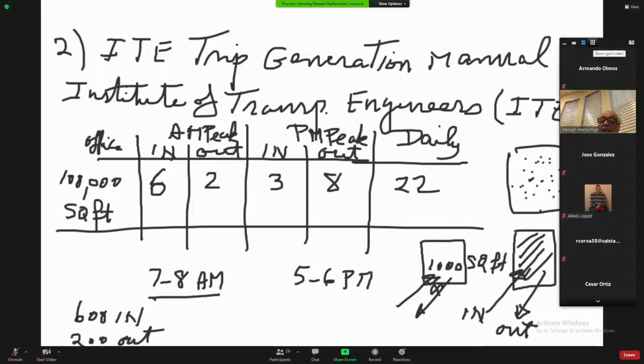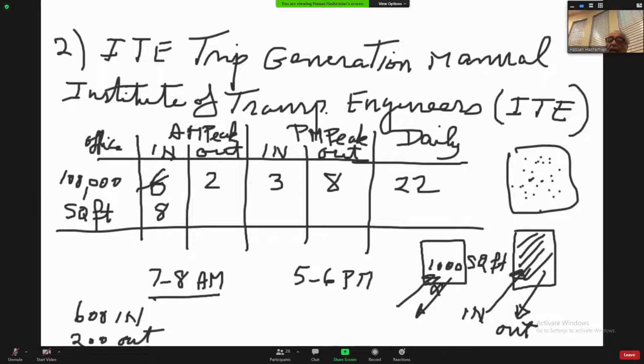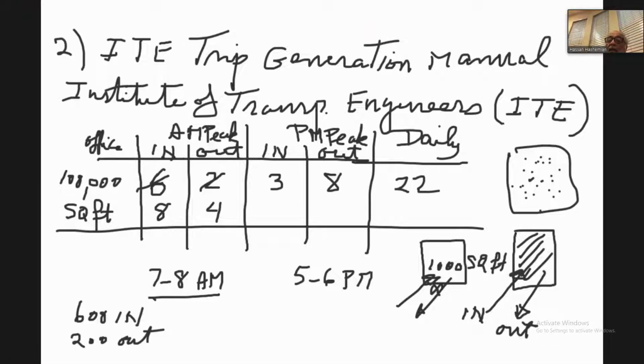So for instance, they might have, instead of 6, they might have 8, then they might have 4 here and so on, because they think that there are more people going in and out, and therefore they have their own numbers that you have to use. I did work for the City of Santa Monica and one time the City of San Diego. And I had to use their trip generation rates that they gave to me. But the ITE rates are the ones that we always use in this type of analysis.